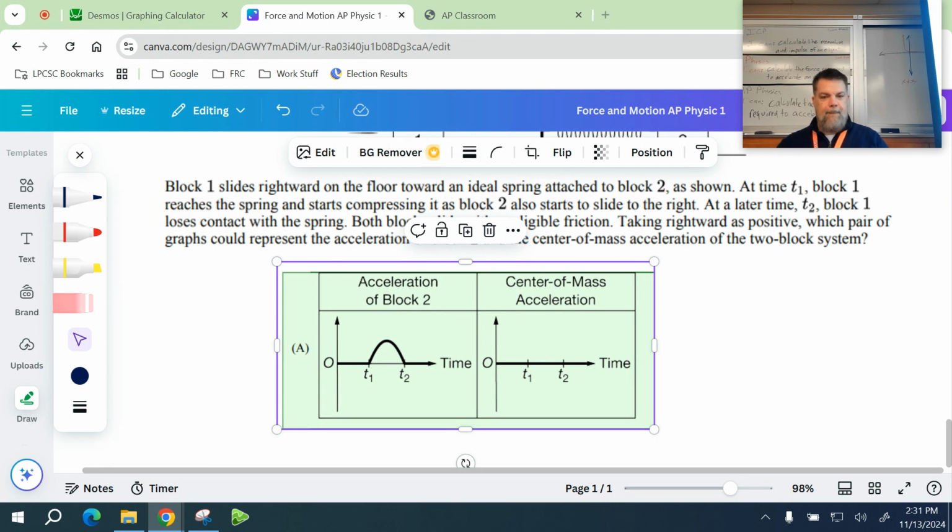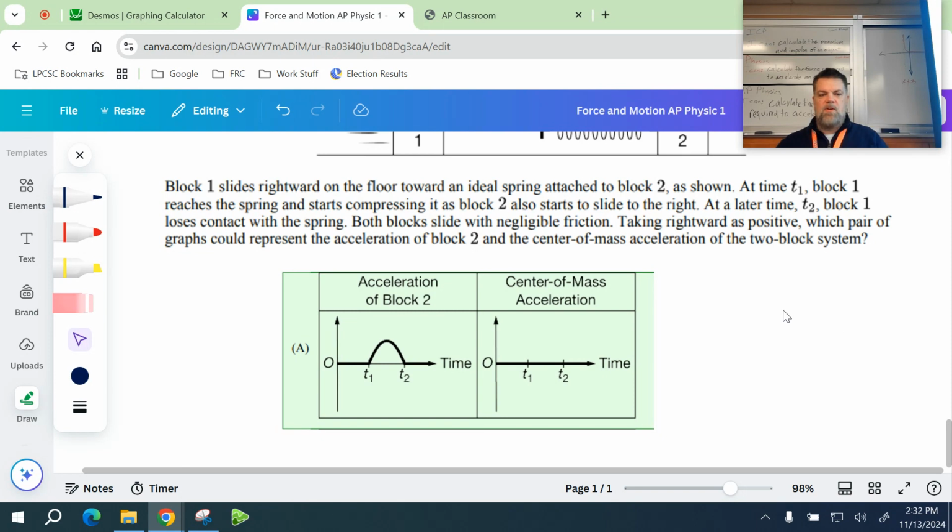All right. So this is the correct answer, A. And we're measuring the acceleration of the block. So block 2, for the most part, is sitting still, right? Let's reread this so it makes a little more sense.